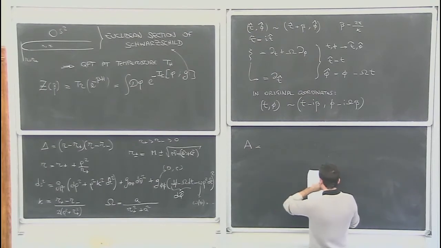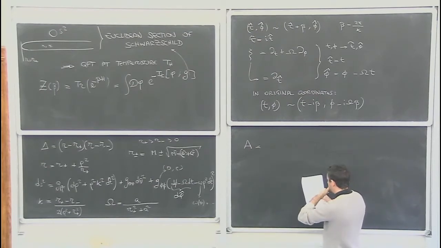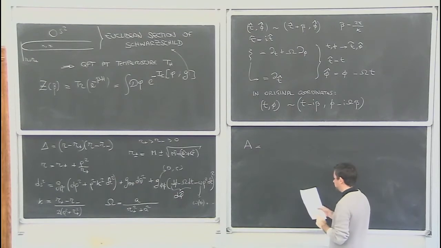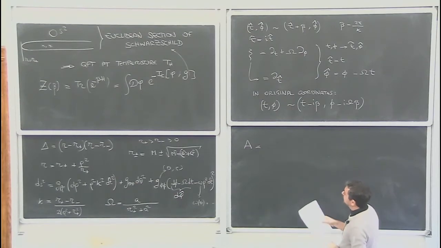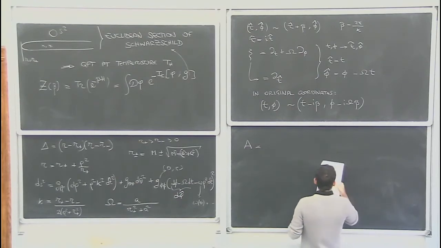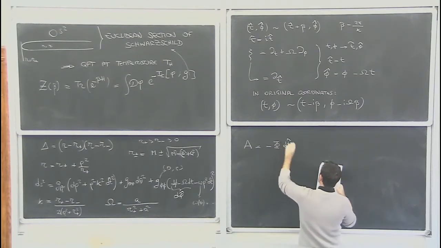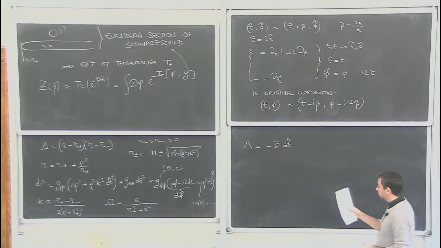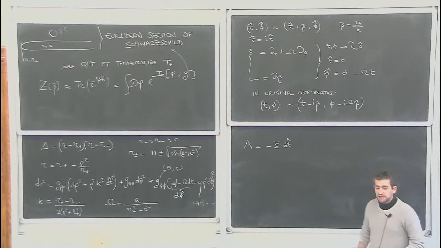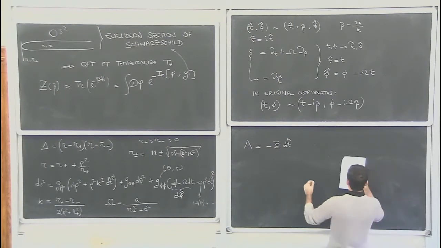So A, the gauge field of Kerr-Newman. I just copy the part that does not depend on the magnetic charge, so I'm setting the magnetic charge to 0. Minus Phi dt hat. And I'm also using the coordinates t hat and phi hat because they are the ones that we are now using to describe the space-time.